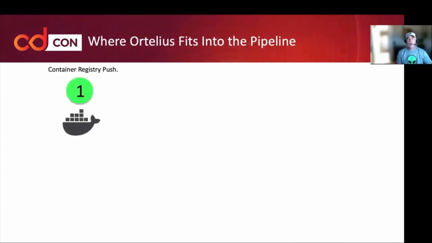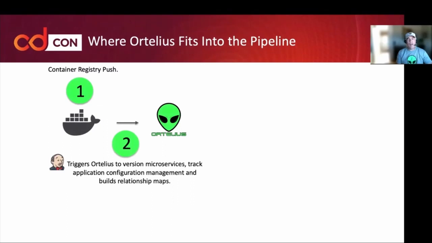So where does Ortelius fit into our pipeline? One of the things that ends up happening in our Jenkins pipeline is we'll actually end up doing a Docker build. And as part of the Docker build, after that's been completed, we'll push that result up to a Docker registry.